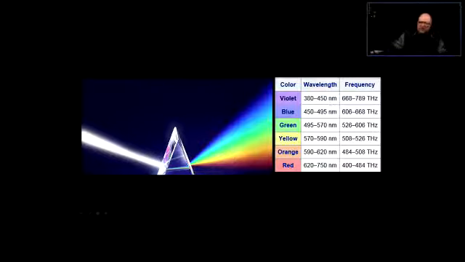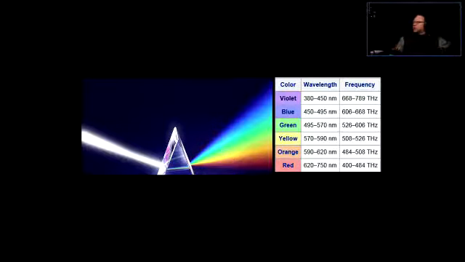Milli, micro, nano, pico, you get that one. So nano would be whatever the number is, times 10 to the negative 9th. Milli is times 10 to the negative 3, micro times 10 to the negative 6, and nano would be times 10 to the negative 9 of a meter.